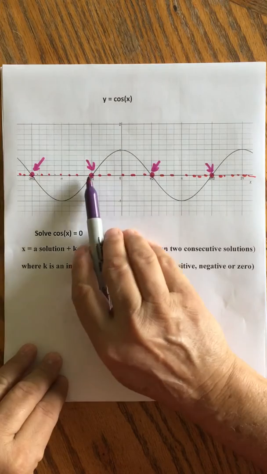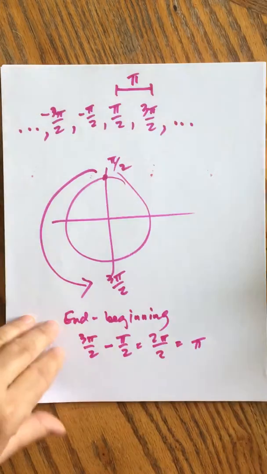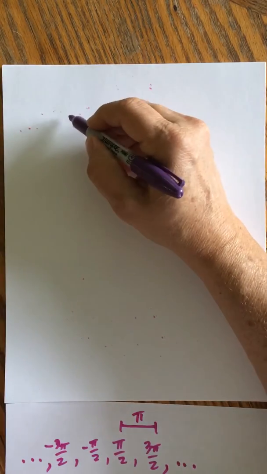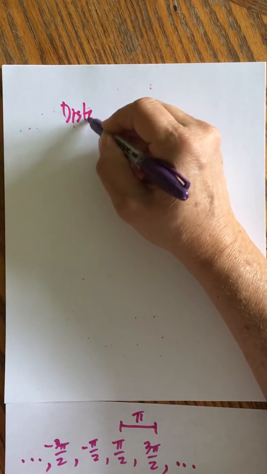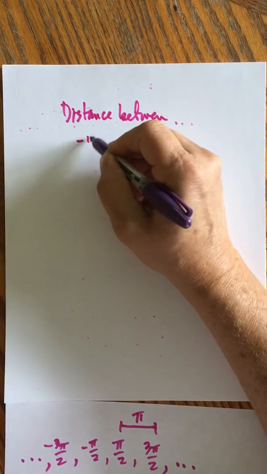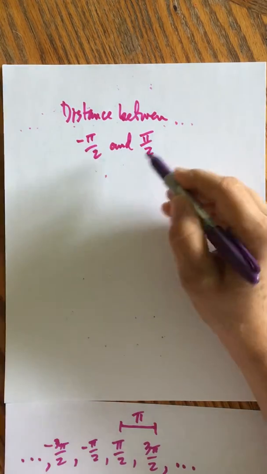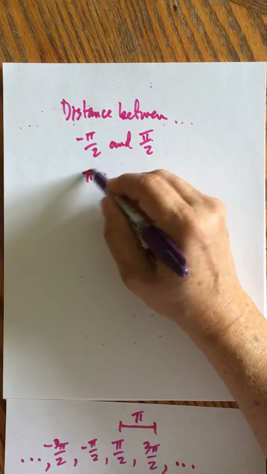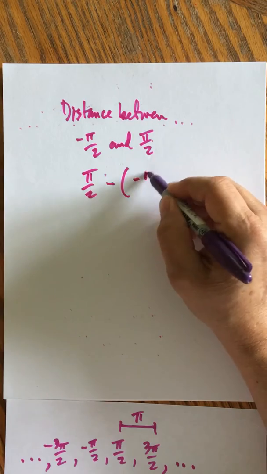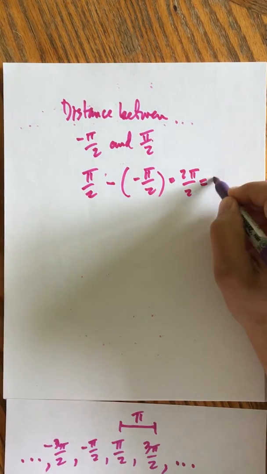Let's look at the distance between negative pi over 2 and pi over 2. End minus beginning, so pi over 2 minus negative pi over 2 again gives me 2 pi over 2, or pi.